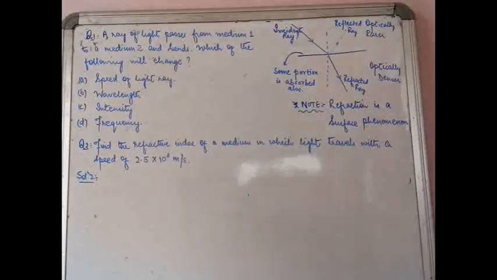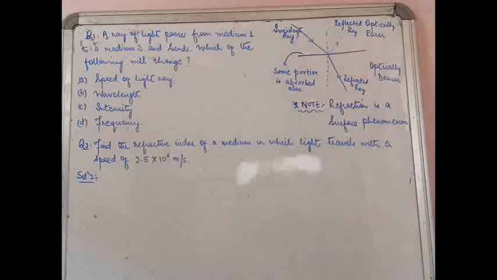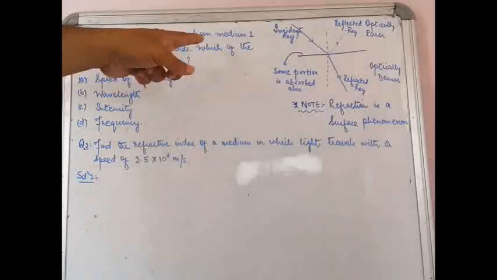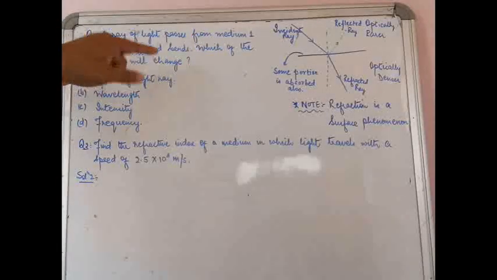Now there are two questions that I am going to pick up based on what we have studied. Question number 1: a ray of light passes from medium 1 to medium 2 and it bends. So the situation is given: the light is entering a separate medium and bending, which means refraction is taking place. Which of the following will change?